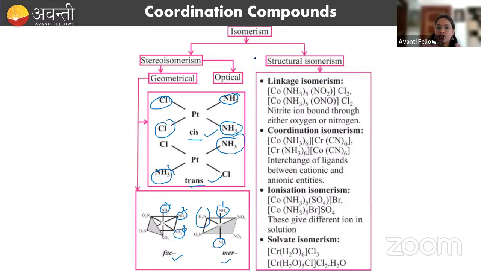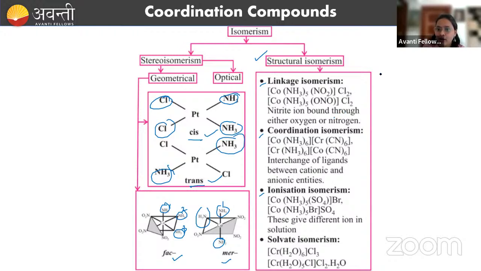Next, structural isomerism: linkage isomers, coordination isomers, ionization isomers, and solvate isomers. What is the meaning of linkage isomer? Linkage means a given ligand is attached to a central metal atom through 2 different atoms.